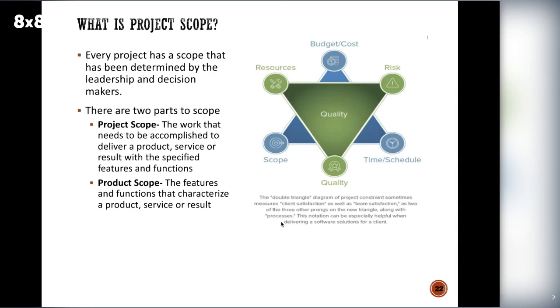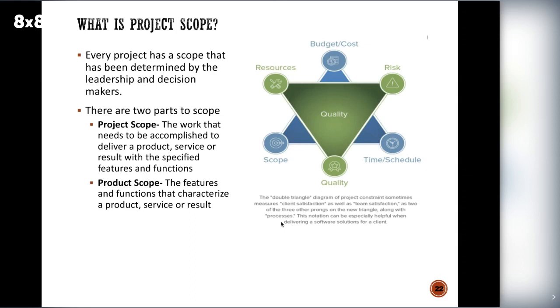What needs to be done? Are we trying to enhance the current application, or are we trying to develop a new technology solution? Quality too is a scope because we need to make sure that we have a certain quality of product.